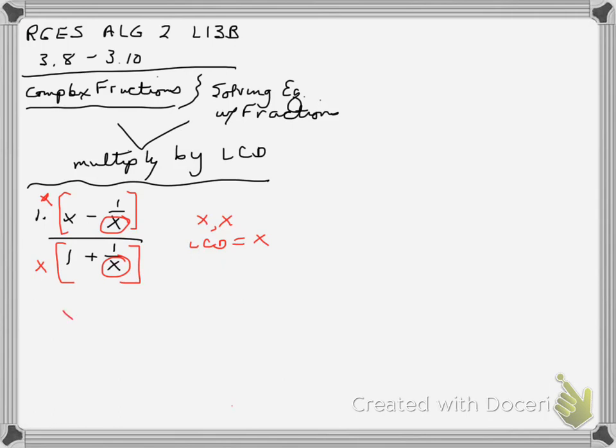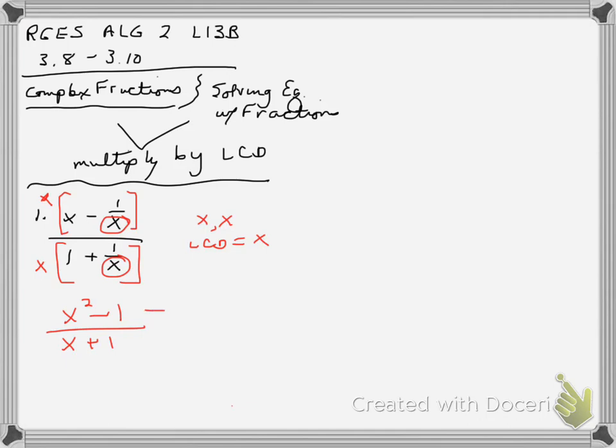So x times x is x squared, minus x times 1 over x, the x's will cancel and I'll get 1. In the denominator of the complex fraction, x times 1 is x plus, and x times 1 over x, the x's will cancel and I'll get 1.